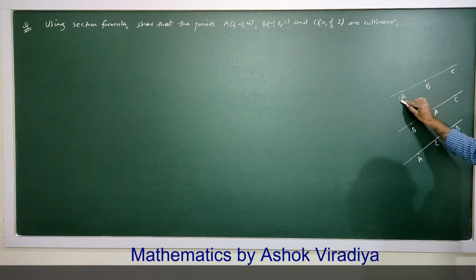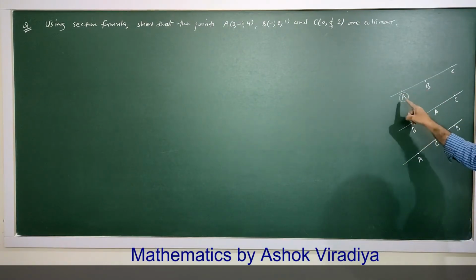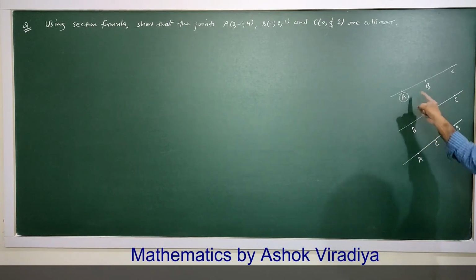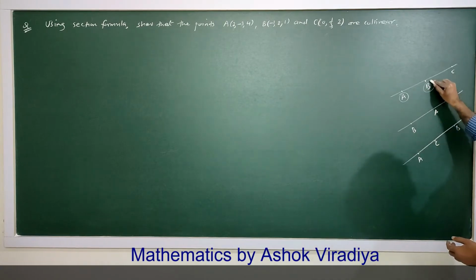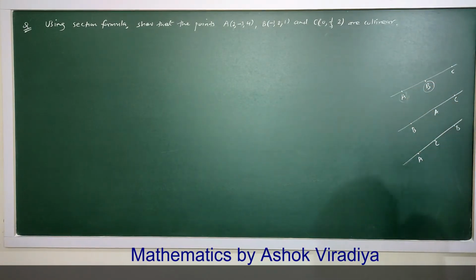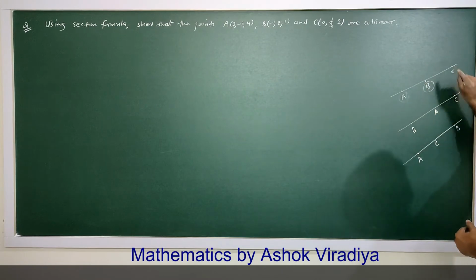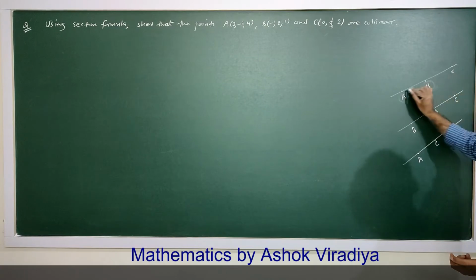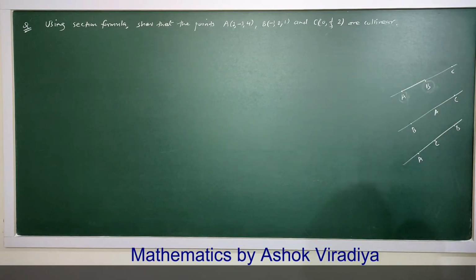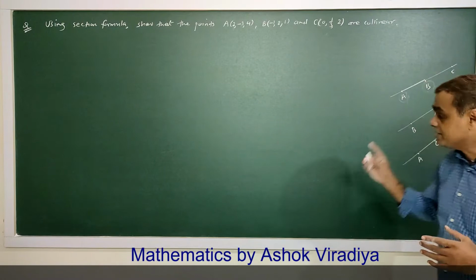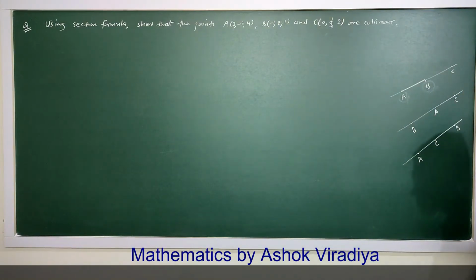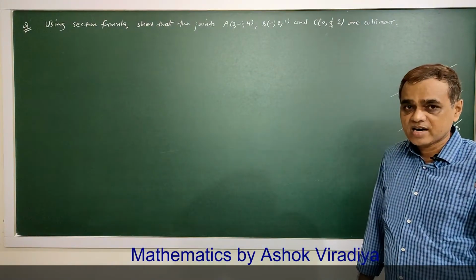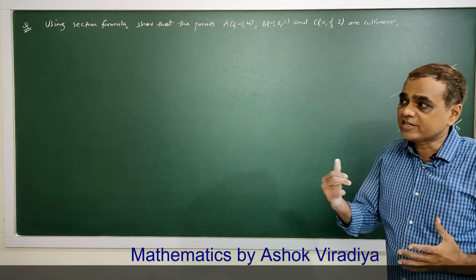We can take A as dividing point. Here A divides BC in some ratio externally. If we speak for B, then what we can say? B divides AC internally, or we can say C divides AB externally. That means if any 3 points are collinear, each point can be taken as dividing point, and in which ratio it divides, that ratio can be found.